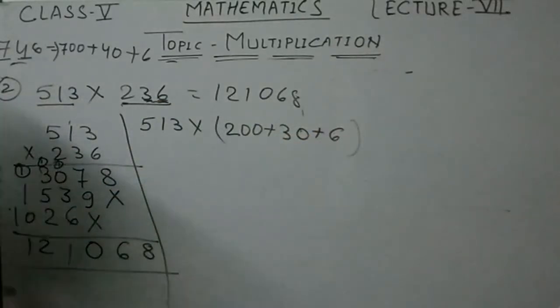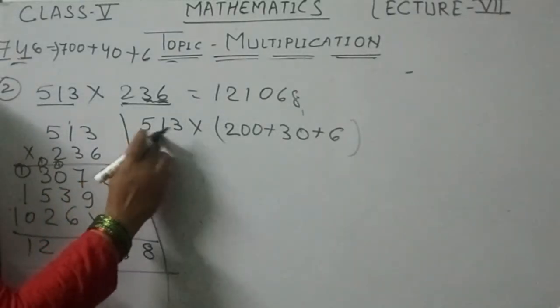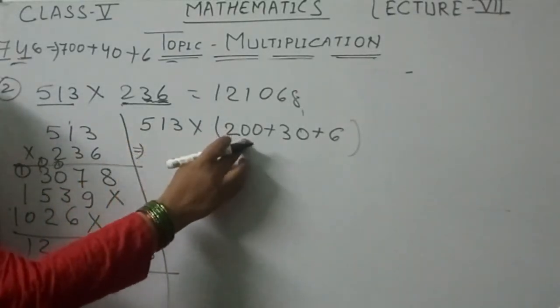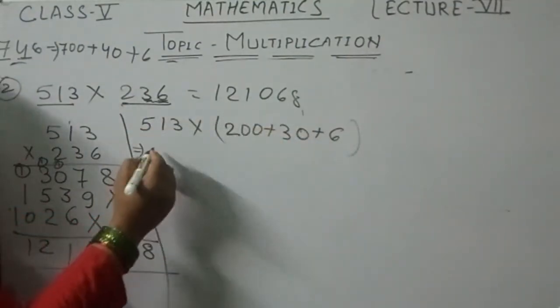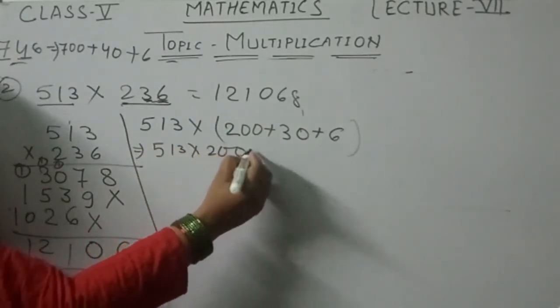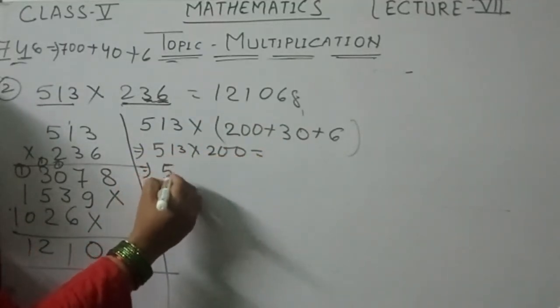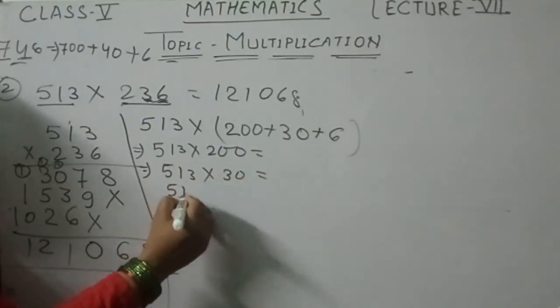And again here you have to multiply all the numbers: 513 with 200, 513 with 30, 513 with 6 separately. 513 multiply 200. 513 multiply 30. 513 multiply 6.